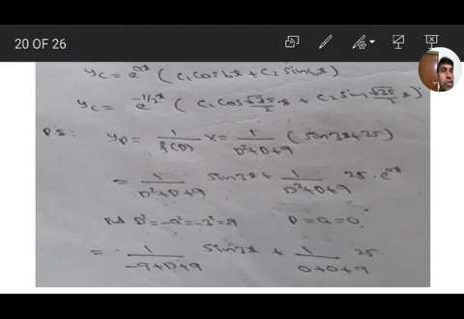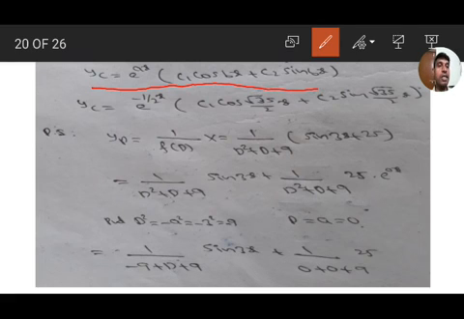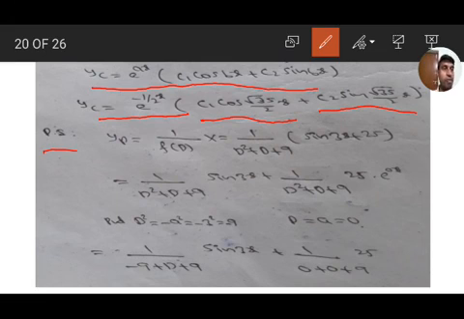So yc equal to e to the power of minus 1 by 2 x into c1 cos root 35 by 2 x plus c2 sin root 35 by 2 x. The complementary function is over.